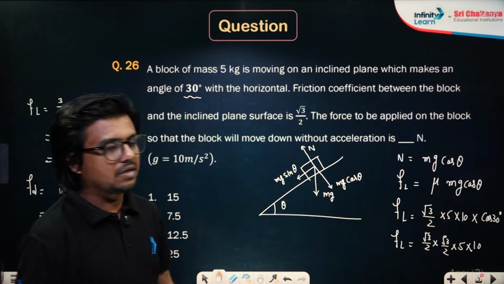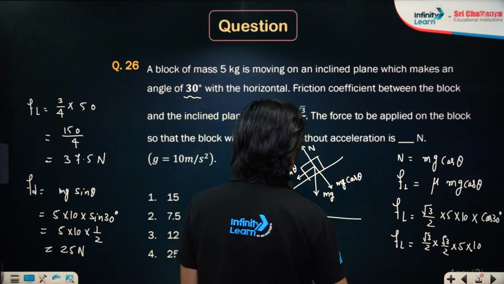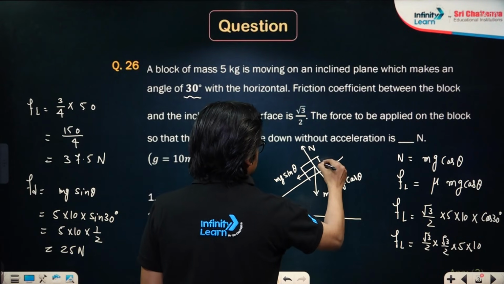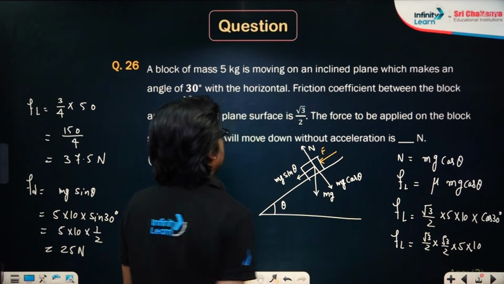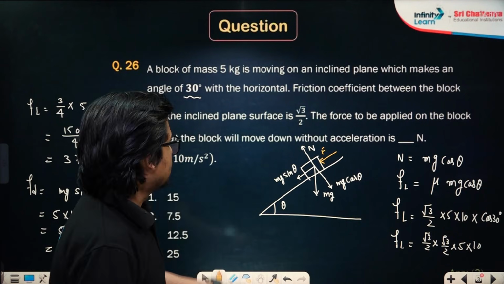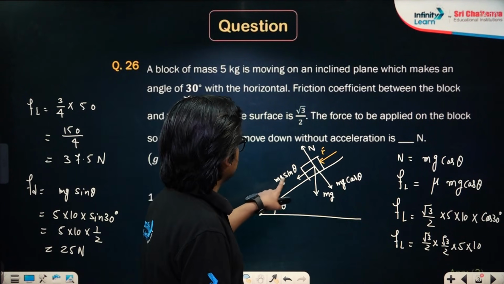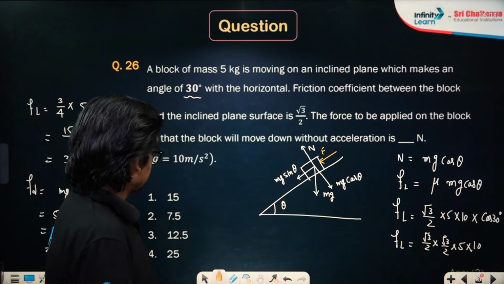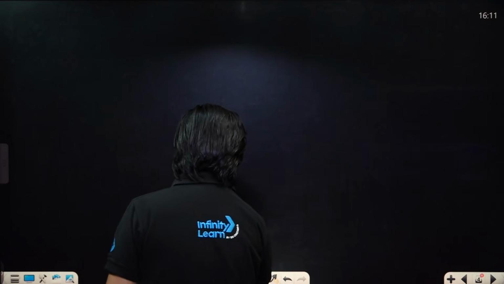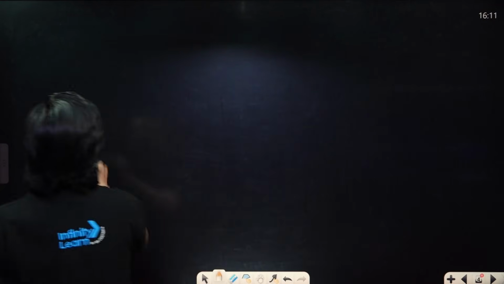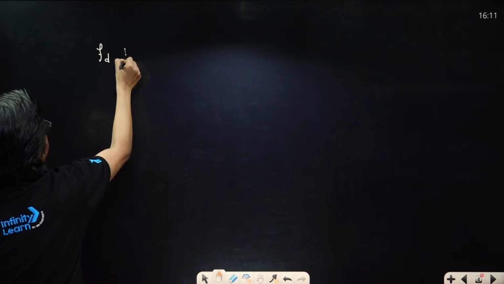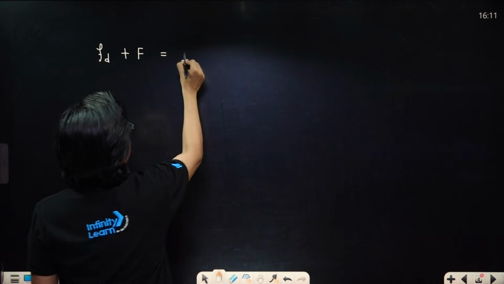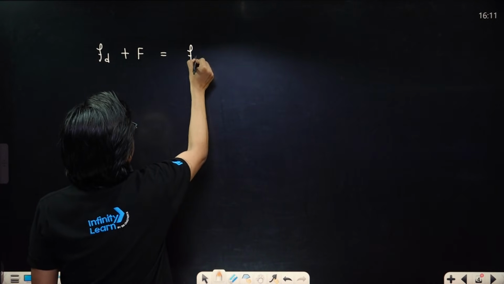What if I want to push it down? I have to apply some force in the downward direction. Suppose that force is F. Because no acceleration is there, this mg sin theta plus this force F is equal to the limiting friction.